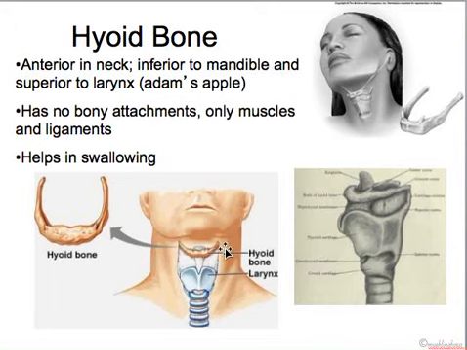If you squeeze it from the side, it hurts a little bit. It's sort of a free floater, but it's an important bone in swallowing. Stuff is attached to it, and when we swallow, it helps move things up and down. I don't want to spend too much time on it, I just want to mention that we have that bone as well.